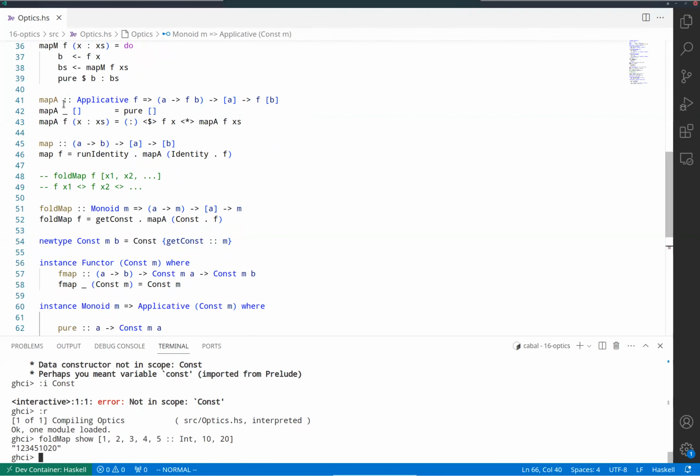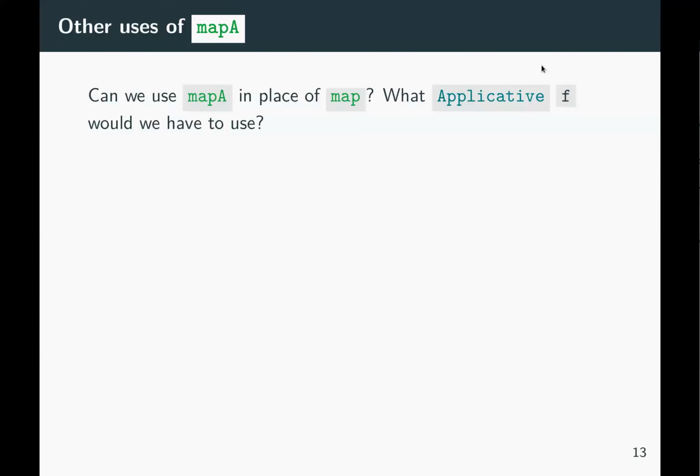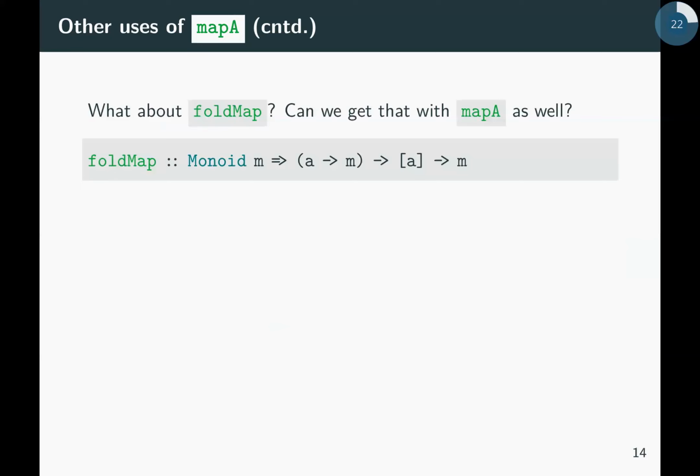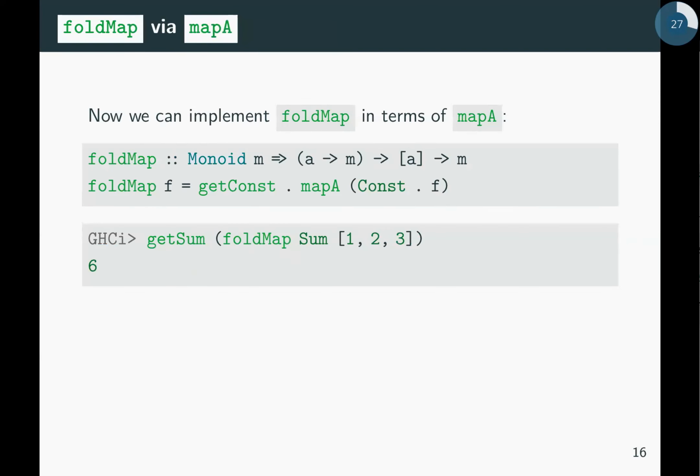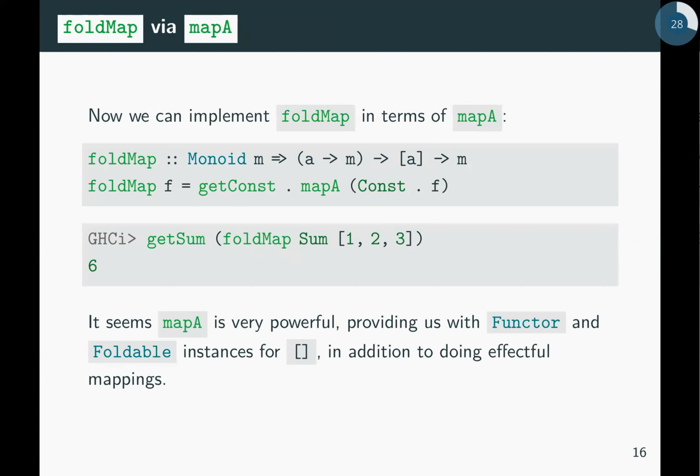So we see that this mapA is a really powerful function, because it basically gives us back map and foldMap.